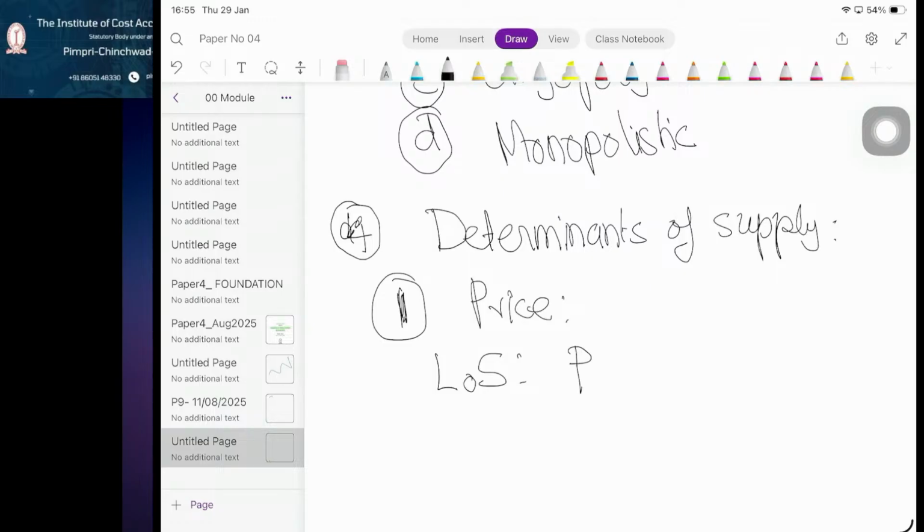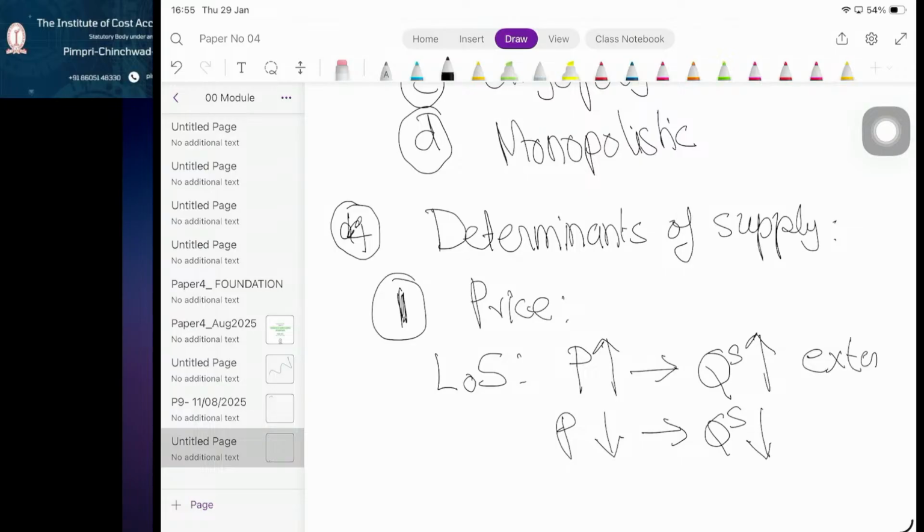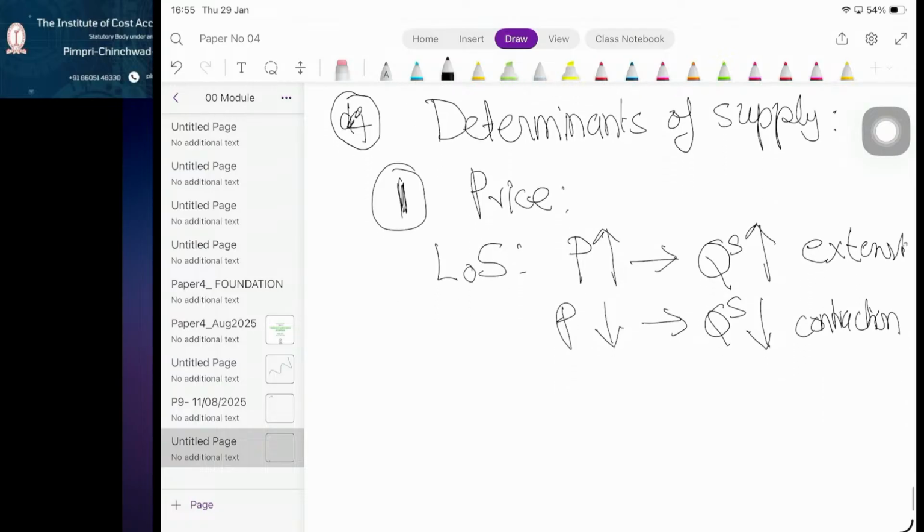When price increases, quantity supplied also increases. This is your law of supply, and vice versa, meaning if price falls, quantity supplied also falls. The first is called extension of supply. This is called contraction of supply. Did you all get this?